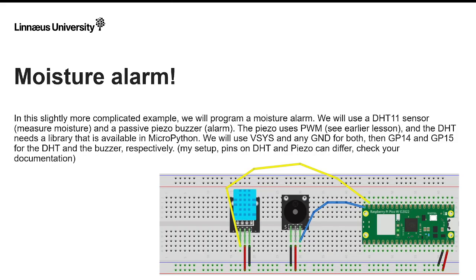A more complicated example is a moisture alarm. In this program we will try to create a moisture alarm. We will use this blue sensor. It's a DHT11, and it measures moisture and temperature. And in this example I will just measure the moisture, and I will use this black one. It is a passive piezo buzzer.